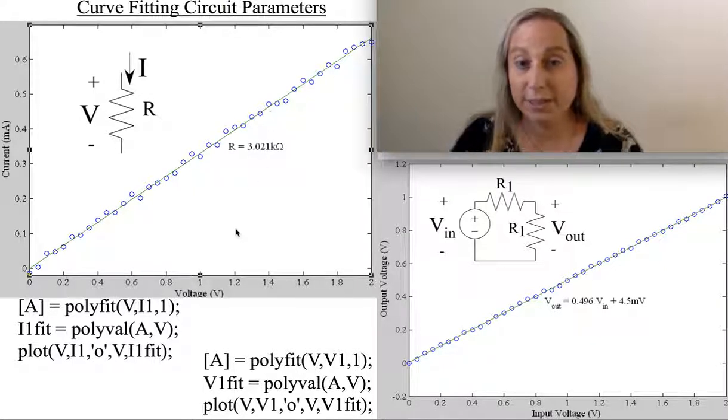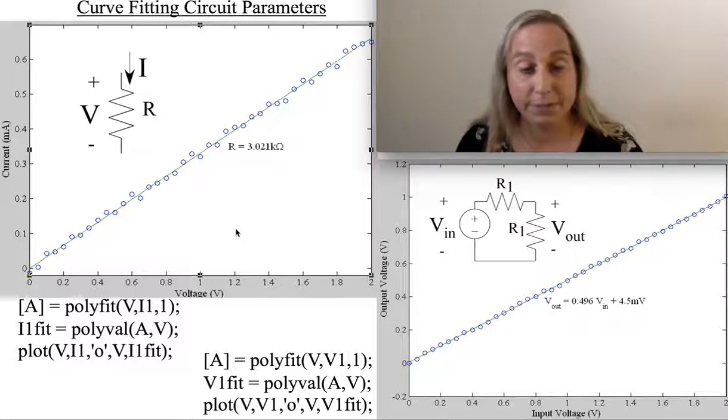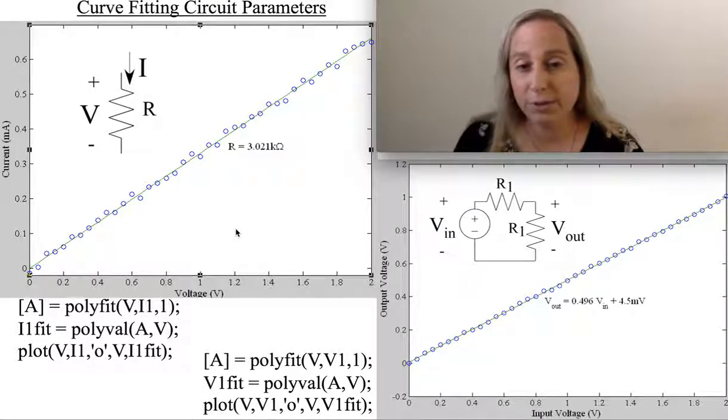These are plots done in MATLAB. You probably recognize the colors and the pictures of it. And there's this wonderful command in MATLAB called polyfit. It allows me to do a polynomial fit to a whole set of data, particularly if I had a data set of voltage and current, and I would like to fit that.